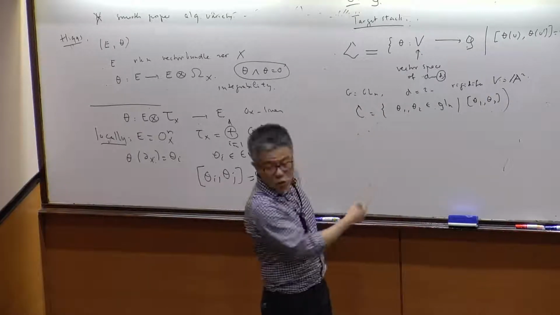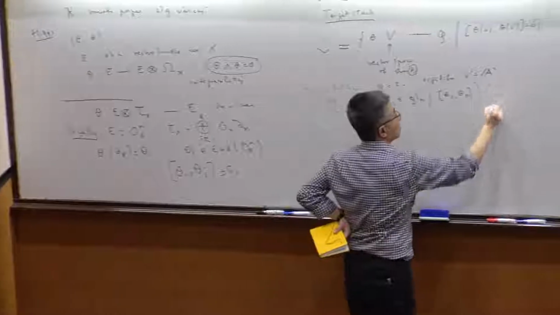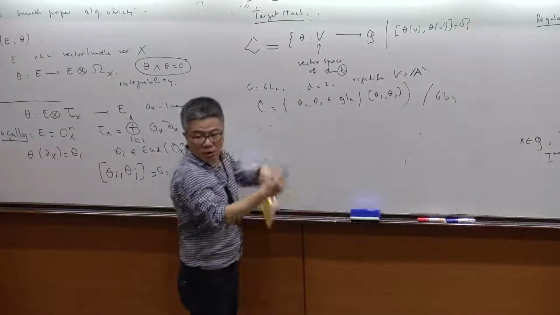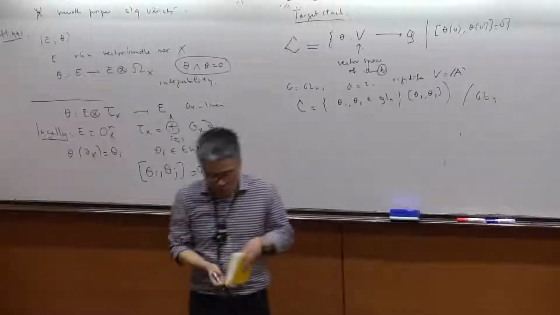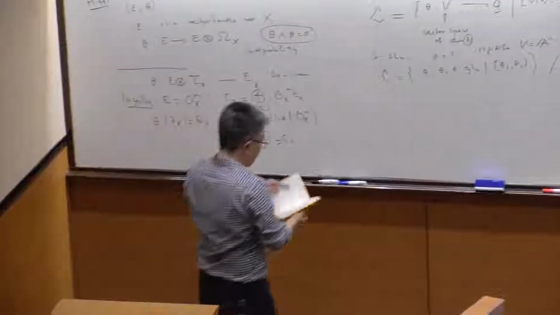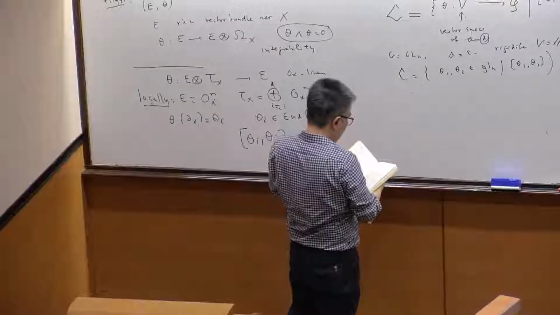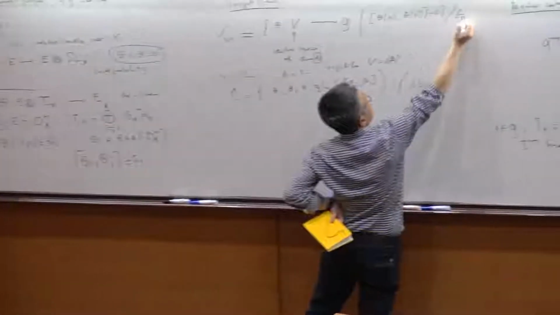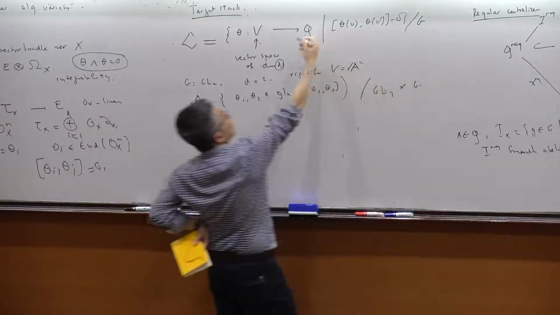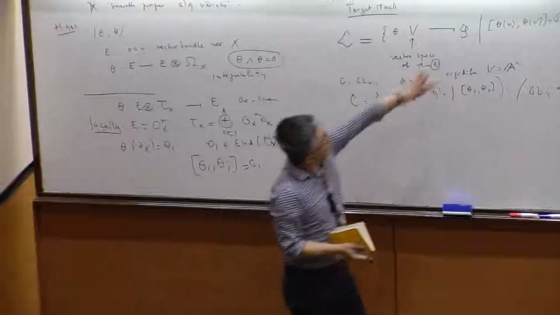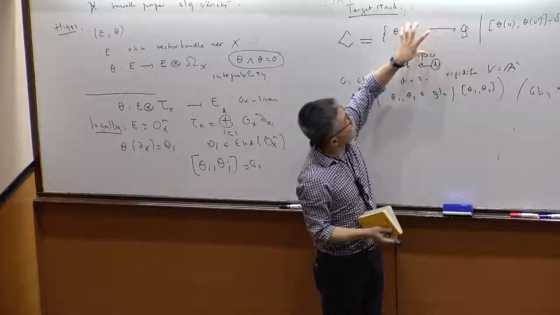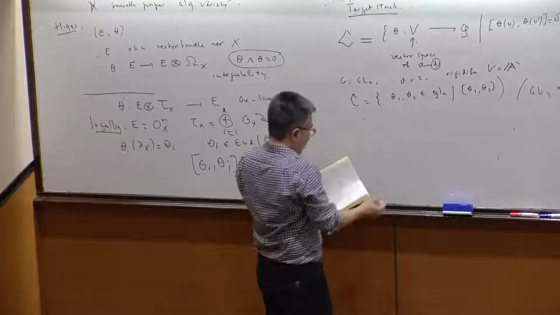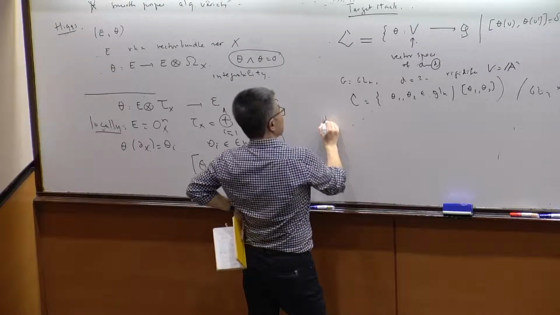Then you divide by GL_2, because this is some kind of basis of V, but you can choose another basis in GL_2. So anyway, you want to divide by G. G acts by conjugation here, and GL_d acts on V by transfer. So we have now the Higgs field.